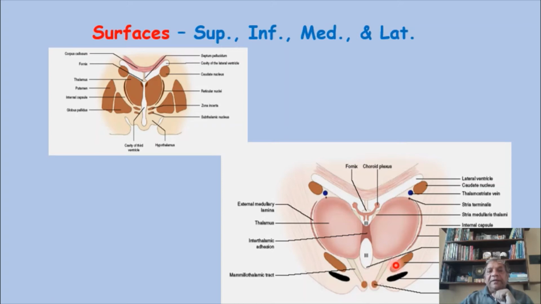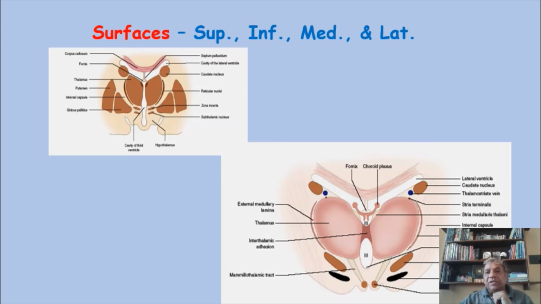More laterally and posteriorly it is in relation to the subthalamic area, which contains this nucleus, the subthalamic nucleus. So the inferior surface is in relation to the subthalamic part as well as the hypothalamic part. Thus I have told you all the relations of the thalamus: superior, inferior, medial and lateral.